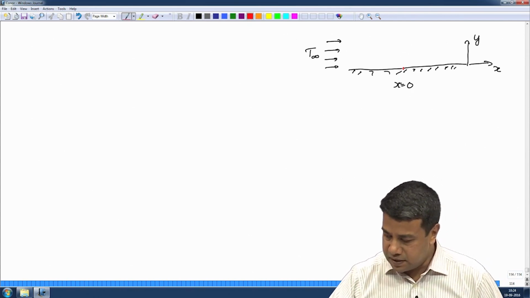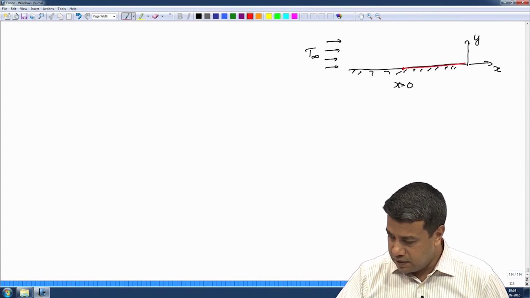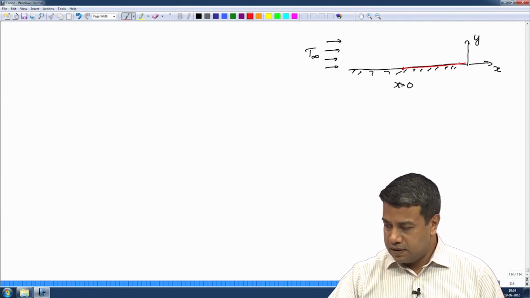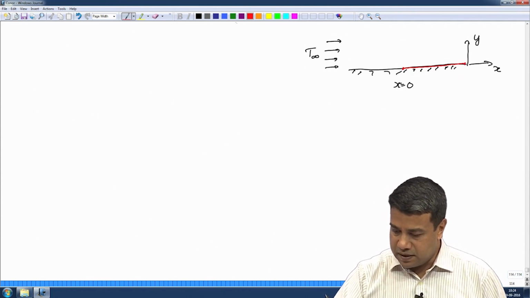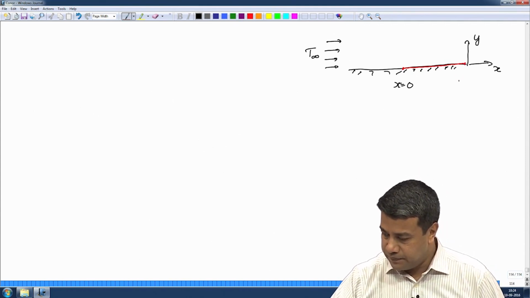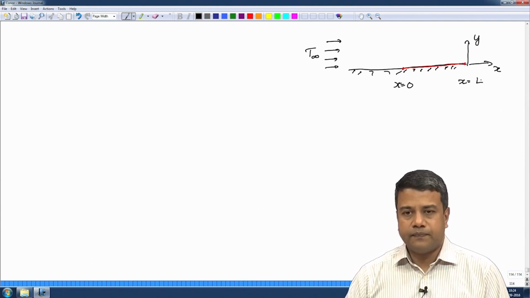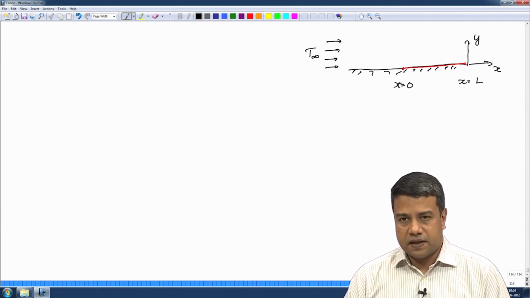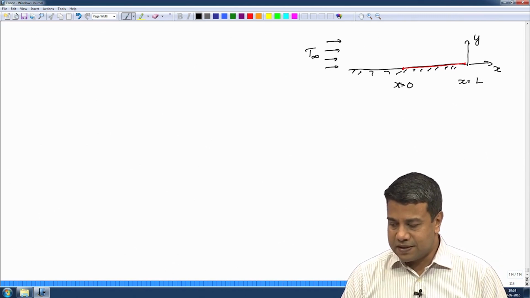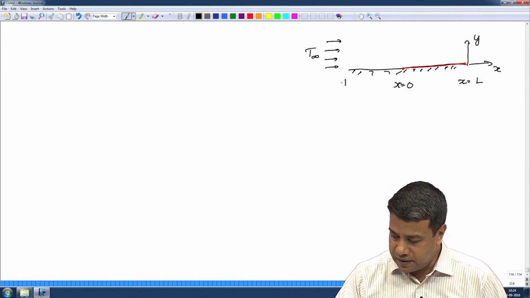starts a heated section. Let us for the moment assume that it has a length L. And this is a flat solid surface, so that for x less than 0 the temperature is T infinity everywhere.